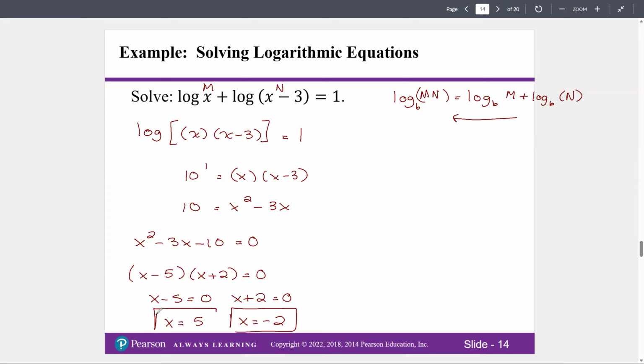So when you get two solutions, this is definitely when you need to check. Remember, m is supposed to only be positive.